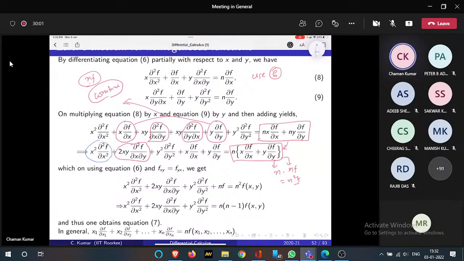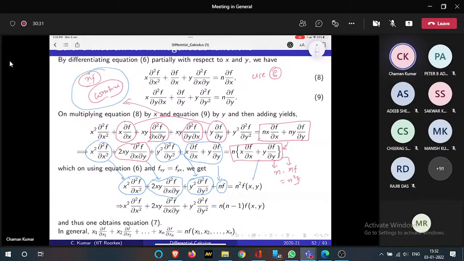This term we put as it is, because this is obtained by combining the mixed order partial derivatives. This term we put as it is. And the term that we have combined gives me nf, which is this.